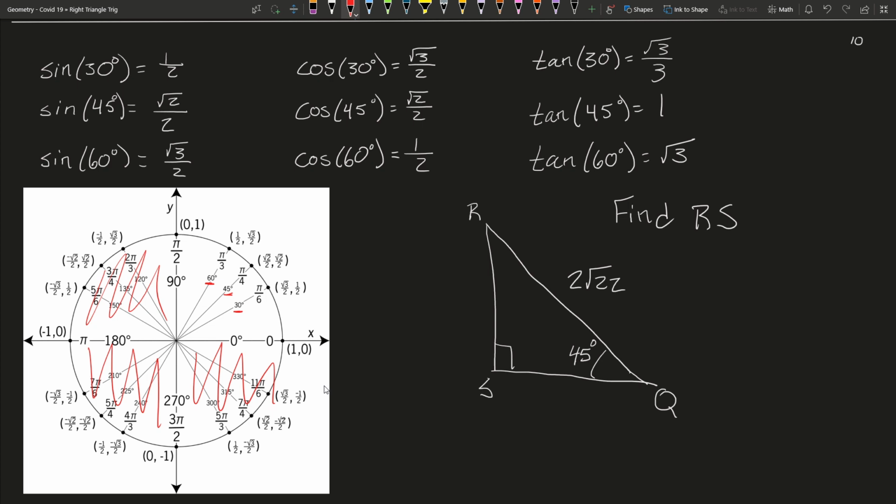Given these angles, those angles intercept a circle at different points. The sine of that angle will always give the y coordinate, the cosine of that angle will always give the x coordinate, and the tangent will give the ratio of the two.